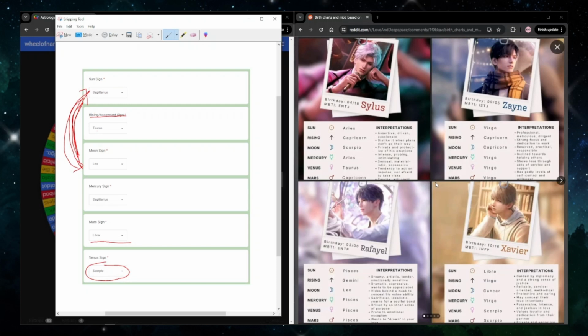So let's see. Next, we're going to look at your Mars and his Venus. So he is looking for somebody who is connected on a deeper emotional level, whereas you exude somebody who is not that. So a Libra is very aloof, or I mean, they're very sociable individuals.